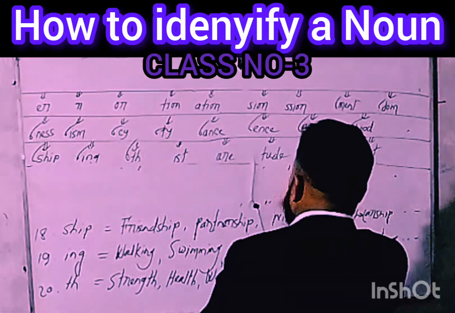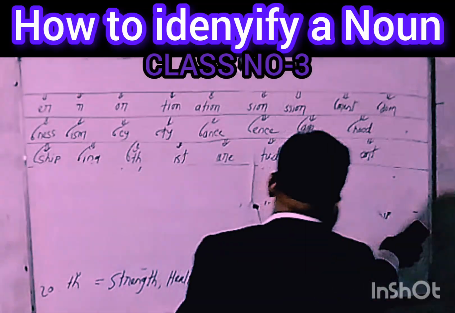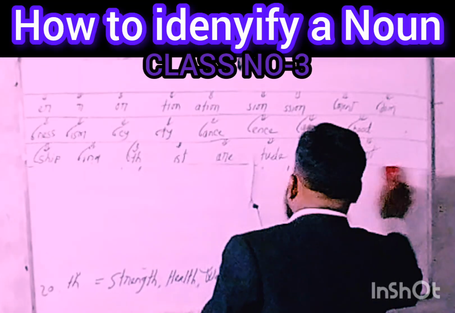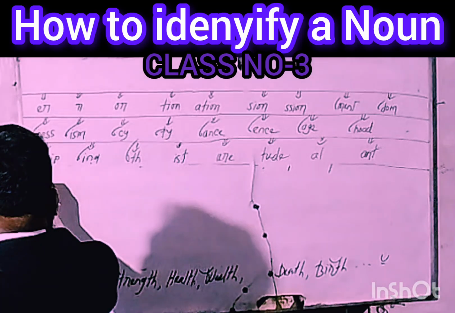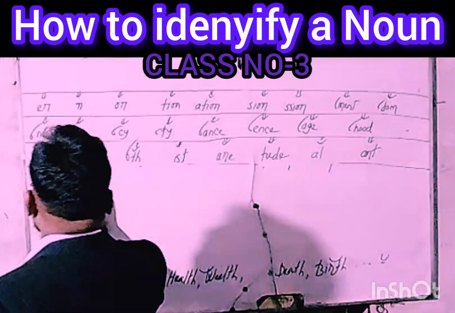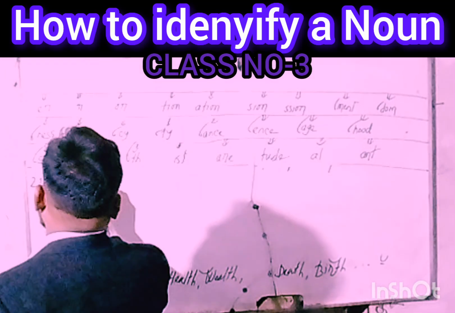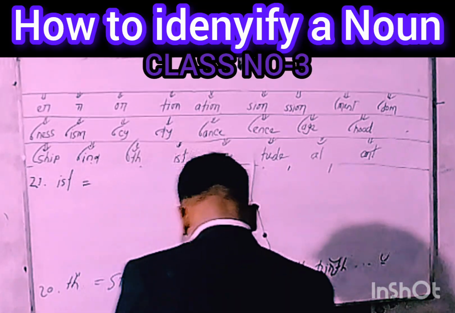Now think about the next suffix, number 21, named ist.